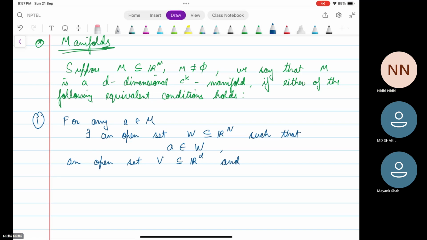and a CK smooth function. CK smooth function means it is K times differentiable and its Kth derivative is continuous as well.